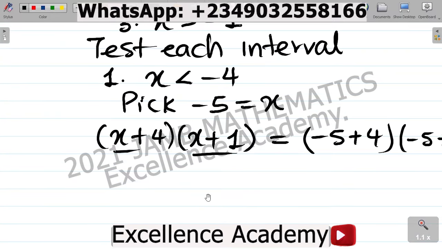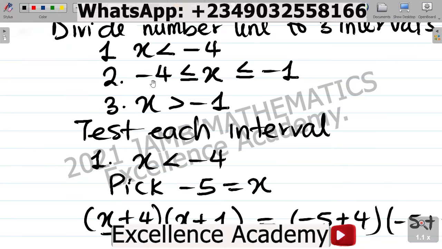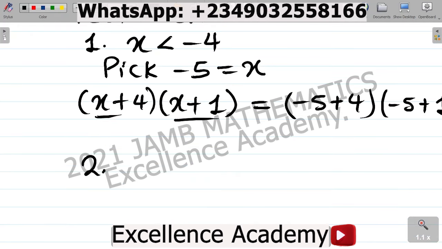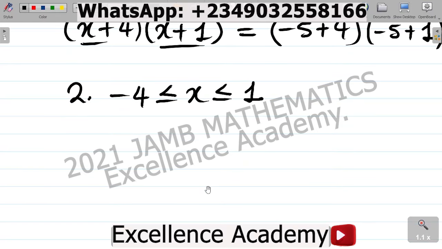So for interval 2, the second interval we chose was minus 4 less than or equal to x less than or equal to minus 1. Let's pick a number that falls under this interval. If minus 4 is less than or equal to x, it means that x is greater than or equal to minus 4.